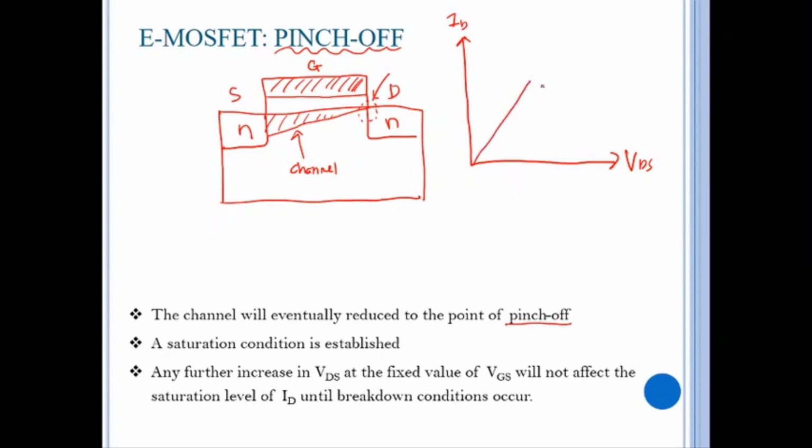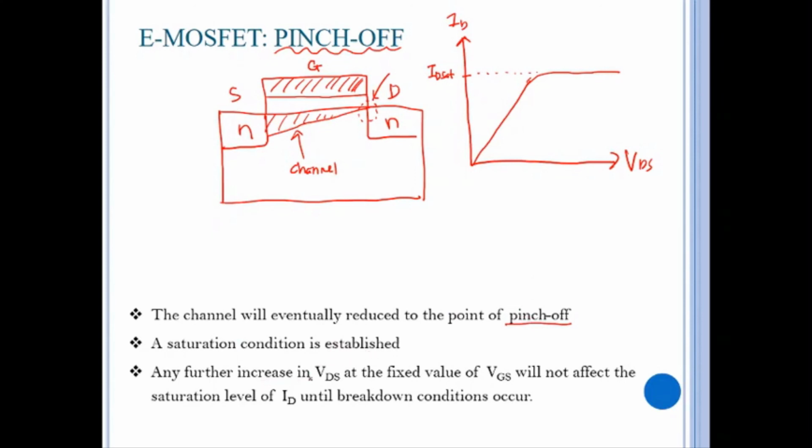However, if it reaches a voltage where the channel pinches off, this pinch off operation will restrict the further increment of the drain current. So what happens is the current will start to saturate. So this is ID saturation. This saturation current is due to the channel pinch off. The saturation condition is established.